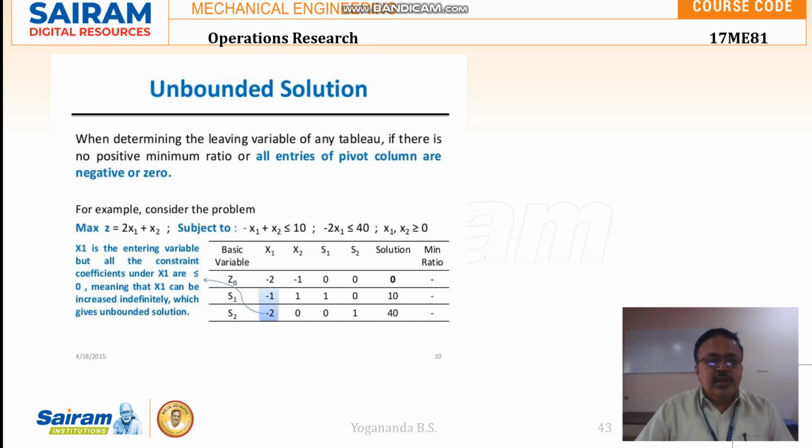So this particular objective function will be subjected to the constraints. So x1 plus x2 less than or equal to 10. While giving the values to x1 and x2, we have to see that these given constraints are also satisfied.